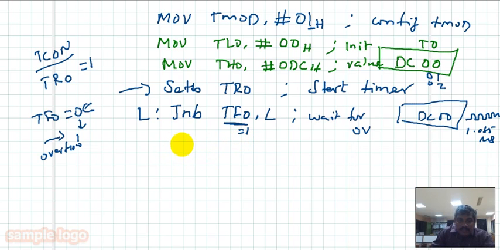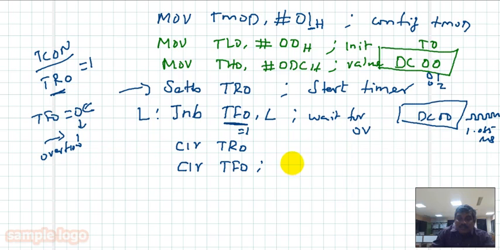Then immediately you should stop the timer. How to stop the timer? By clearing the bit TR0, you can stop the timer. And I already told you, the TF0 bit, once it is set, remains set. You have to clear it in the program. So write CLR TF0.